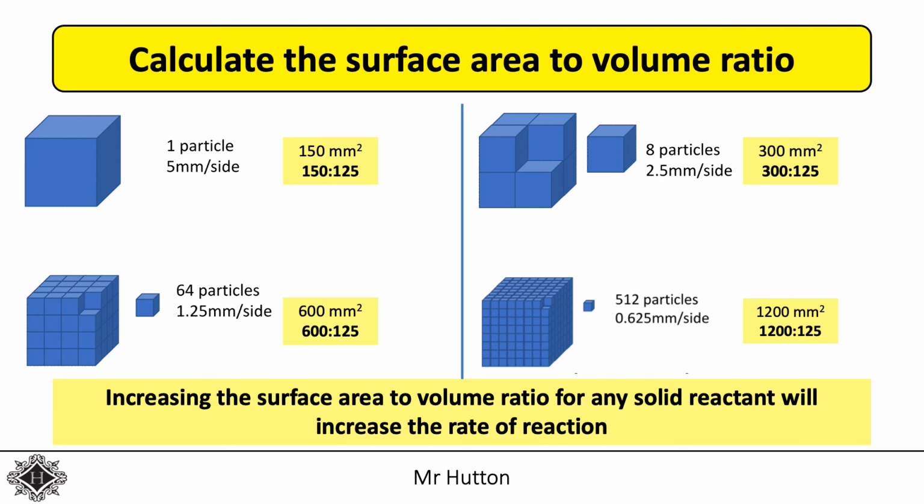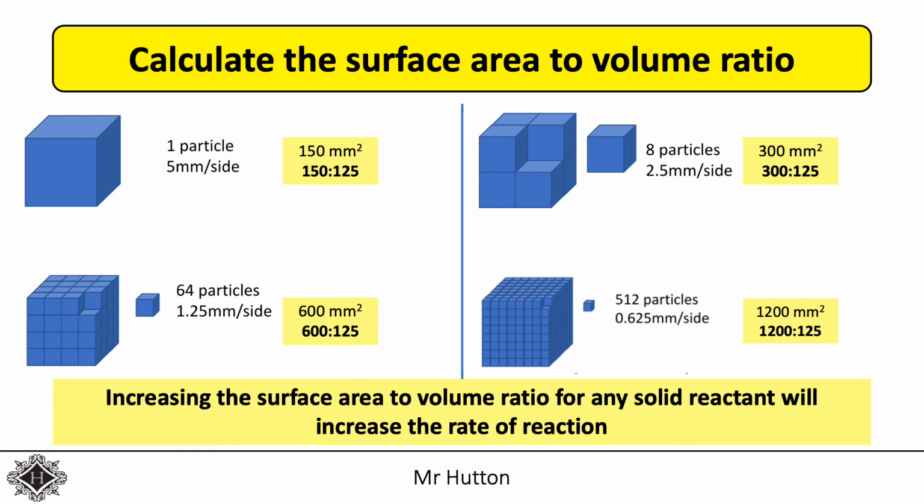So increasing the surface area to volume ratio for any solid reactant will increase the rate of reaction. If you can expose more particles of a reactant to the other reactant, then you will increase the rate of reaction. That's why with the sugar cube, by crushing it up into just a teaspoon, that will increase the speed at which it dissolves. It's the same for other reactants we use.